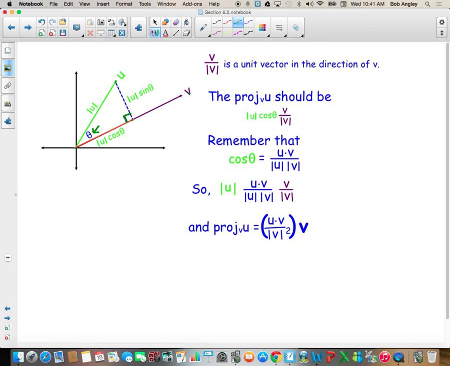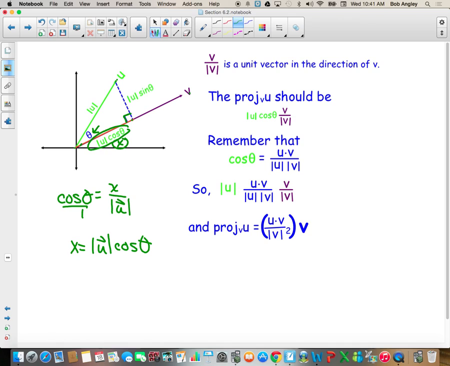If I do the cosine of theta, let me call this thing right here x for just a second, it's going to be x over the magnitude of u. And if I cross multiply here, I get x is the magnitude of u times the cosine of theta. And so that's how I got this expression right here.